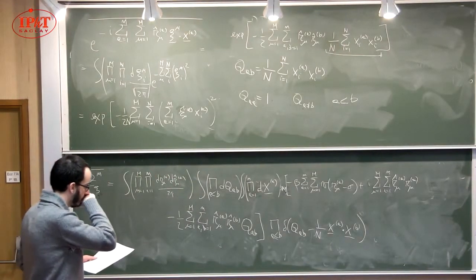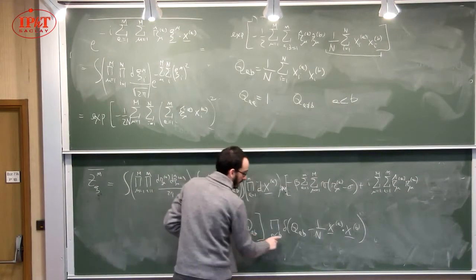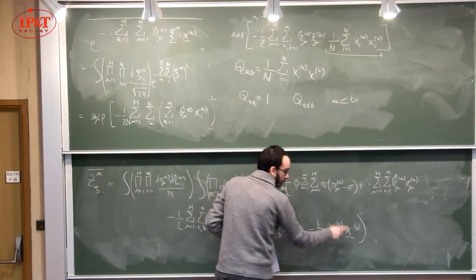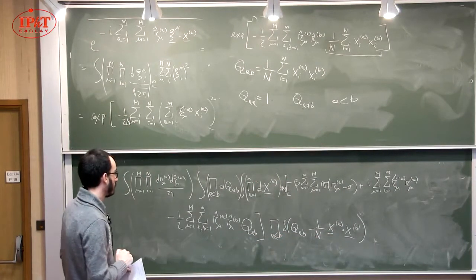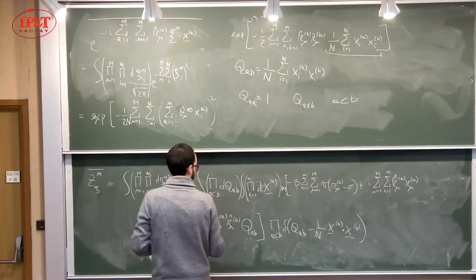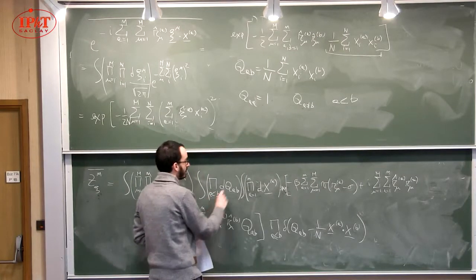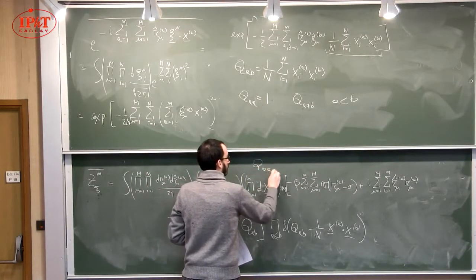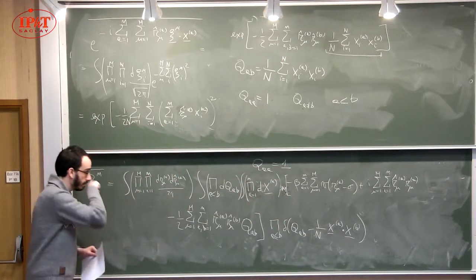Okay, is it clear? I just included a Dirac delta in order to enforce the spherical constraint. So you have to put also the integral over the Q? No, I don't want to put this. I fix QAA. This is not a variable. This is just one. Okay?